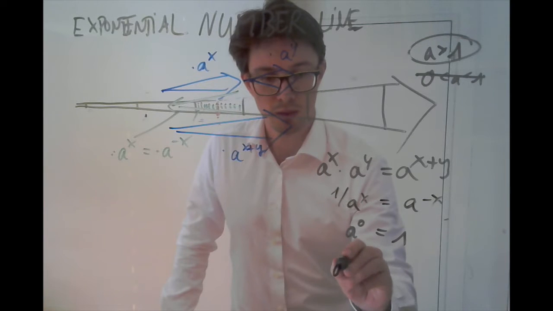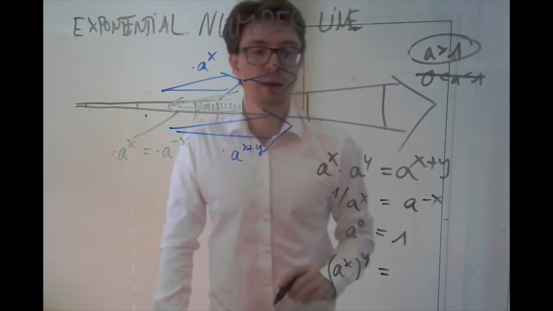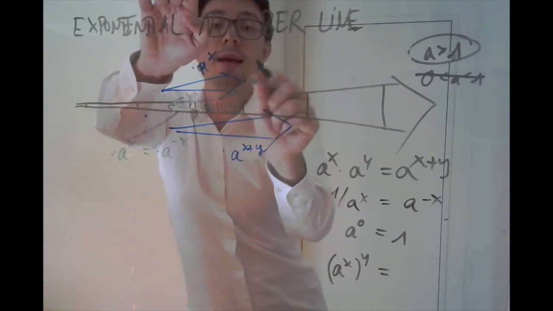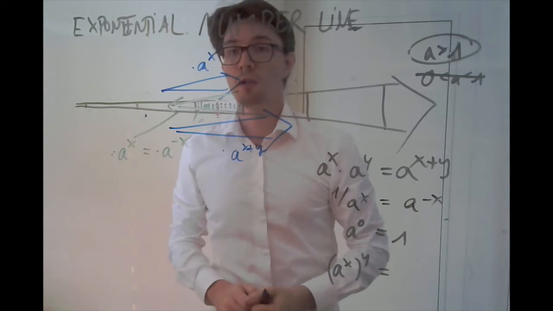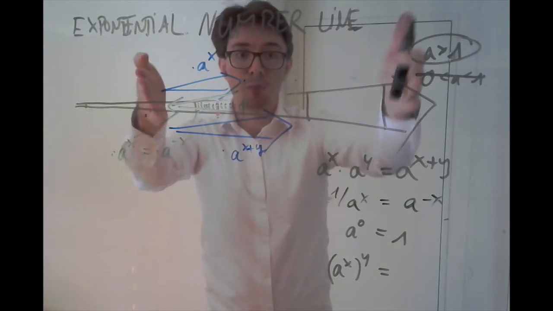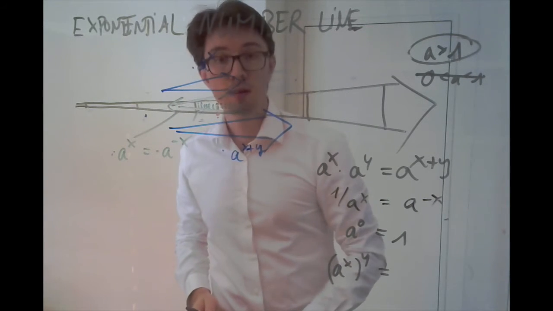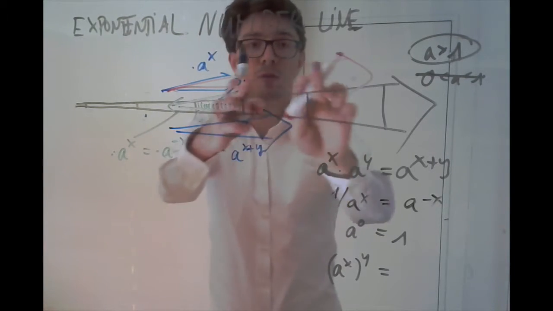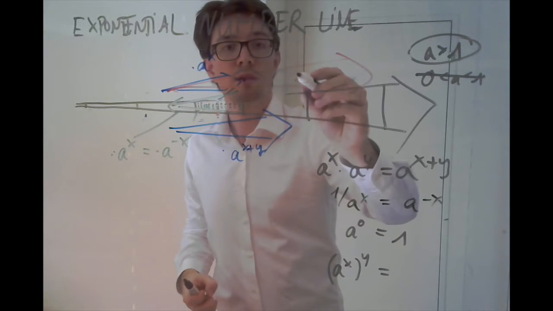And maybe also let's talk about a to the x to the power y. That is, take this arrow a to the x and then scale it up. Make copies of it if y is an integer, or just scale it appropriately on paper. So let's say, for example, by a factor of about 2.5.